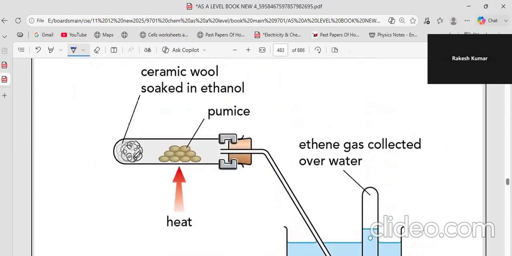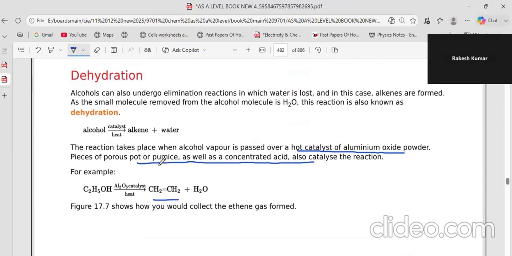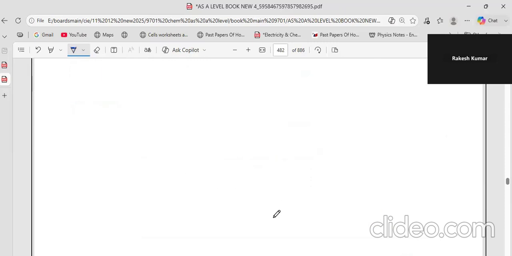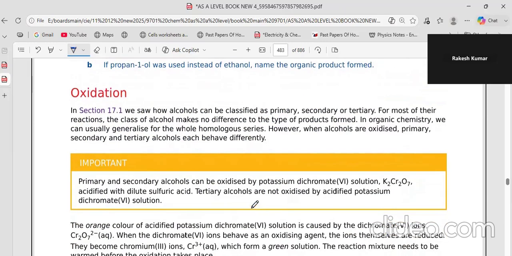You have the ethanol, and the catalyst of aluminum oxide, pumice, and concentrated acid also catalyzes the reaction. Pumice is used here.